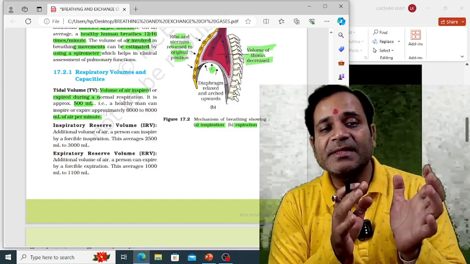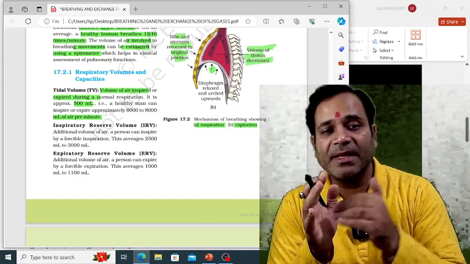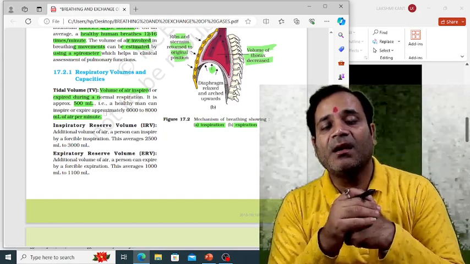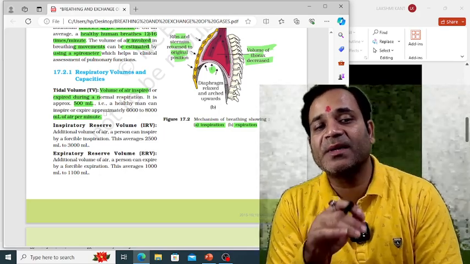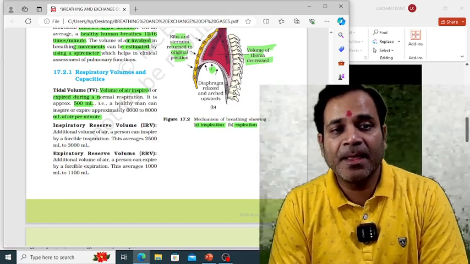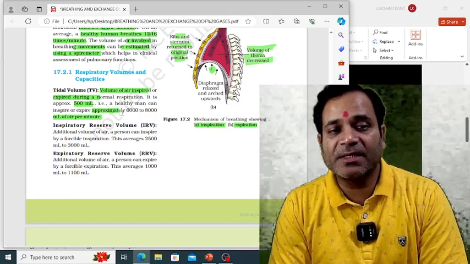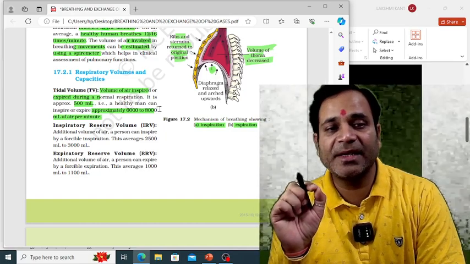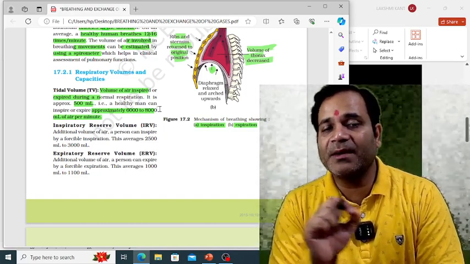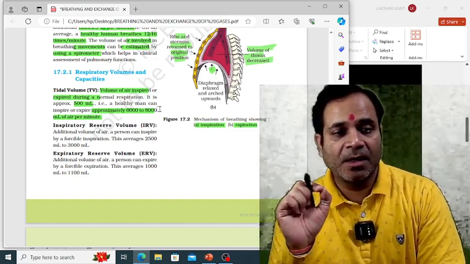So whatever the expiration or inspiration during breathing, or you say respiration, that volume is known as what? Tidal volume. Getting my point? So approximately the value is 6,000 to 8,000. This is a very important point to note here. Take out your copy and write down this thing also.